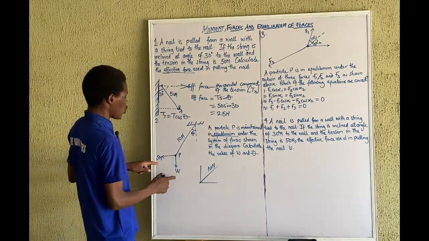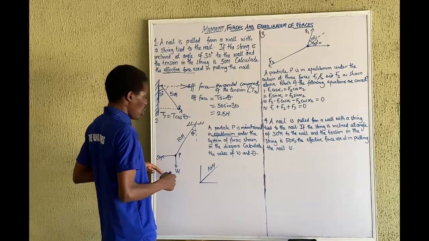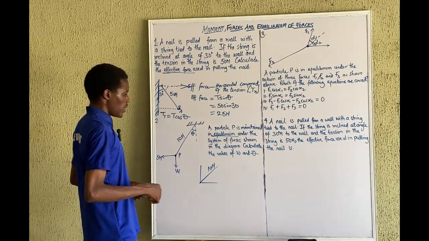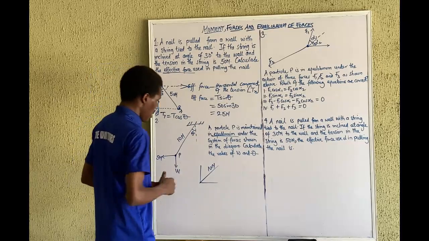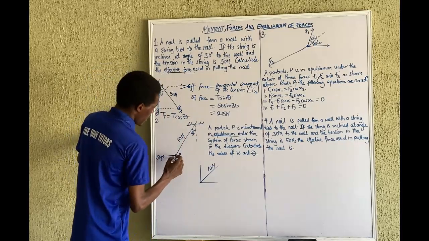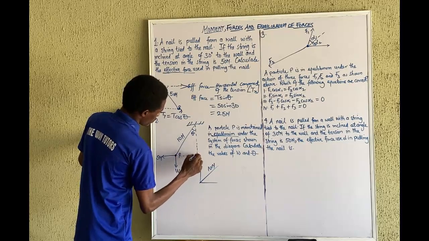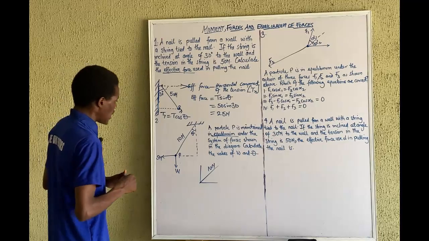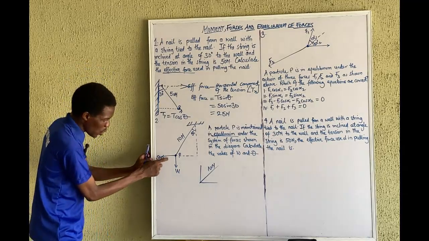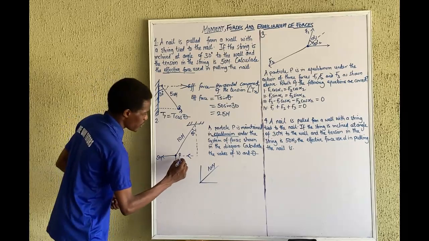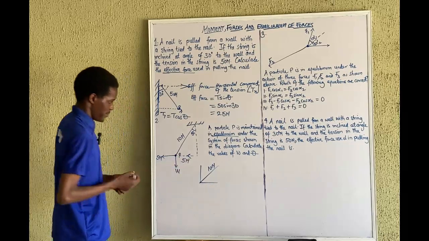That is, this 10 balances up these other two forces. Let me bring the triangle here instead. So I can put 5 N here.